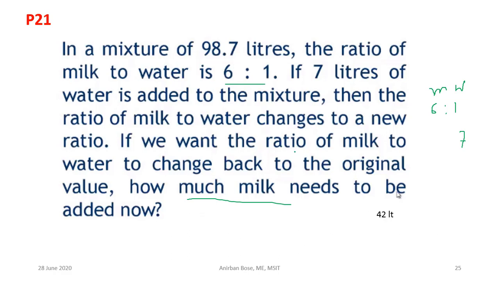So what is added, if that is in the ratio 6:1, then the ratio will be the same. So if 7 liters of water is added, then how much milk is to be added? 6 into 7. That means 42 liters.